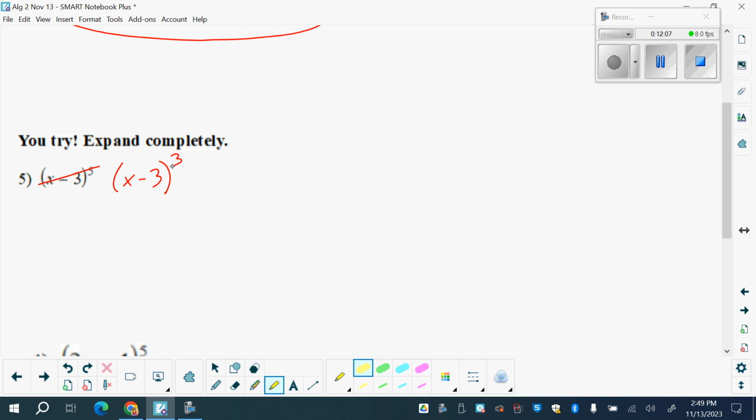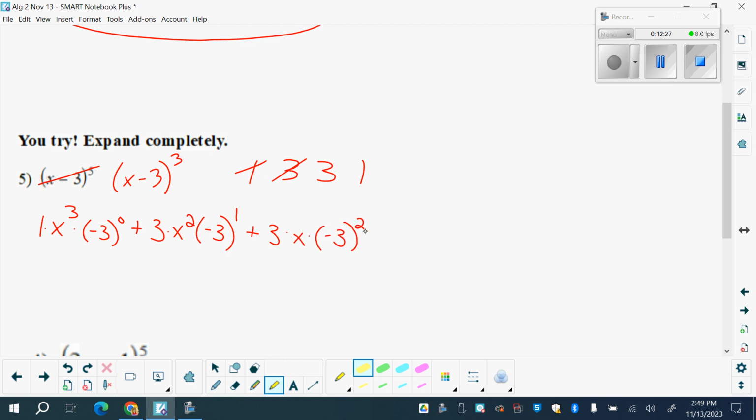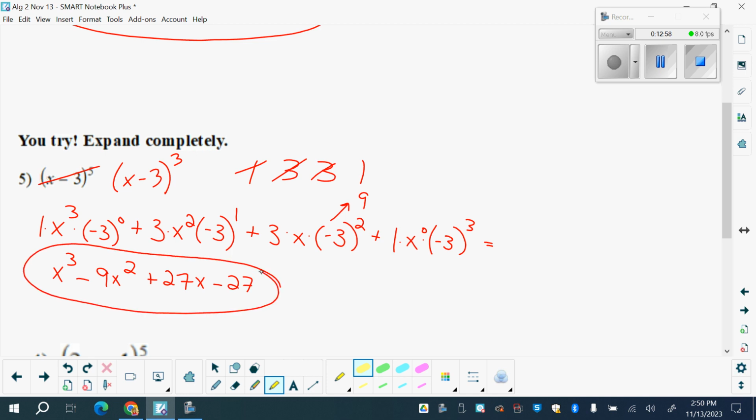Okay, so this should be your answer. X to the third minus 9x squared plus 27x minus 27.